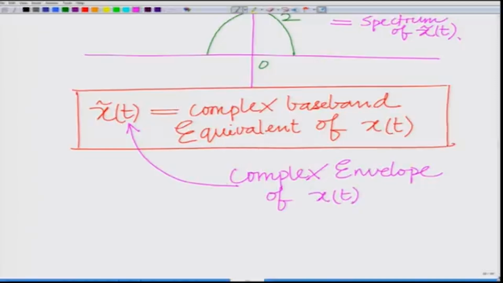If you multiply that by e to the power of minus j 2 pi f c t, where f c is a carrier frequency, we will get the complex envelope, that is shift it to 0 frequency, you will get the complex envelope, also the complex baseband equivalent of x t. So, the x tilde t is the complex envelope. And why is this known as the complex envelope?